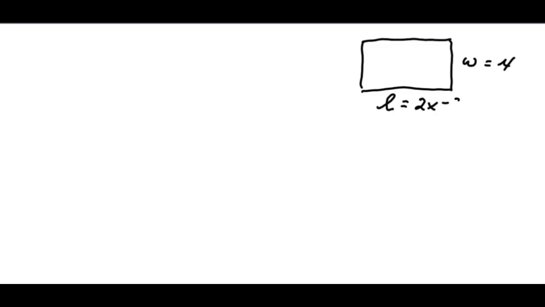2x minus 3. And if we recall from our days of studying geometry, the area is equal to the length times the width. Or our area of 54 is equal to the length 2x minus 3 times our width, which is x.